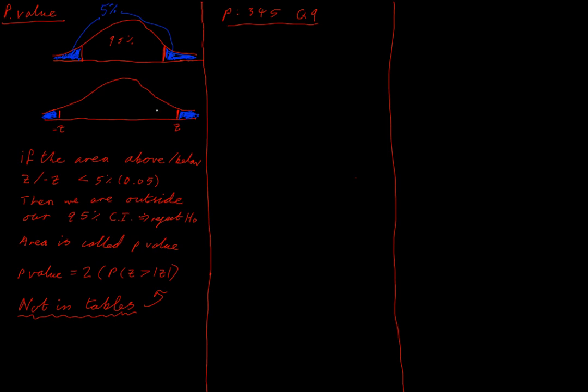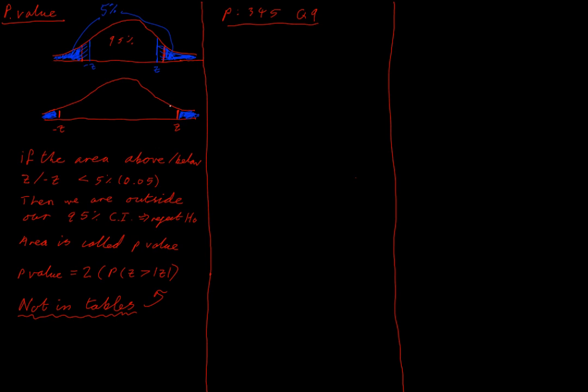If we are inside the 95% confidence interval, and we have a particular z-score, I'm going to put it as z here, and that would be minus z here, the area less than minus z and greater than plus z in this case would be larger than 5% of our overall distribution, because you can see the 5% area that I have colored in already, and this area I've marked would be a larger area.